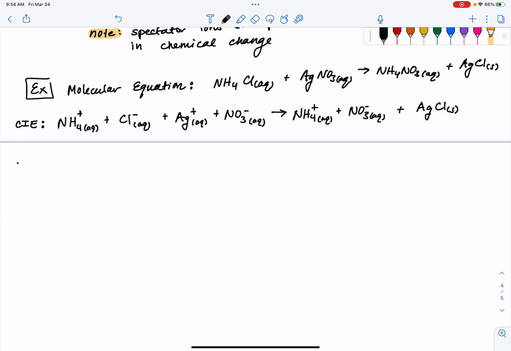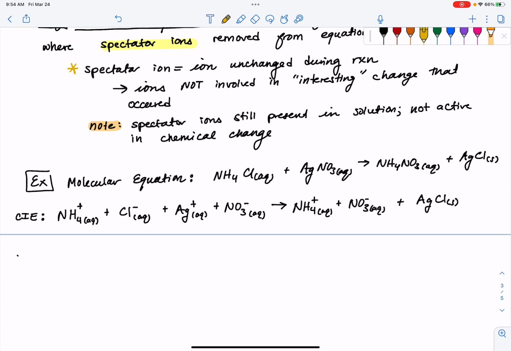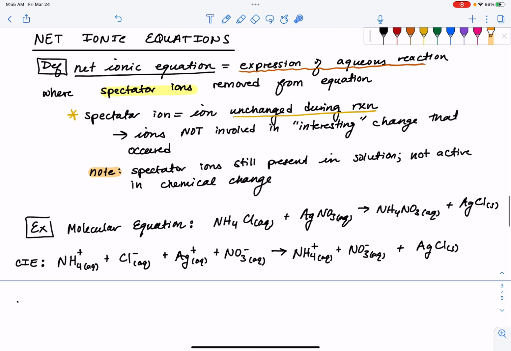So let's see if we can identify our spectator ions. Our spectator ions are ions that are unchanged during reaction. So that means that they appear on the reactant side and on the product side completely the same, right? They just kind of hung out. So if I'm looking at this complete ionic equation, searching for ions that did not undergo any kind of interesting change as a result of this chemical reaction, I see that I start with an ammonium ion in solution and wind up with an ammonium ion in solution.